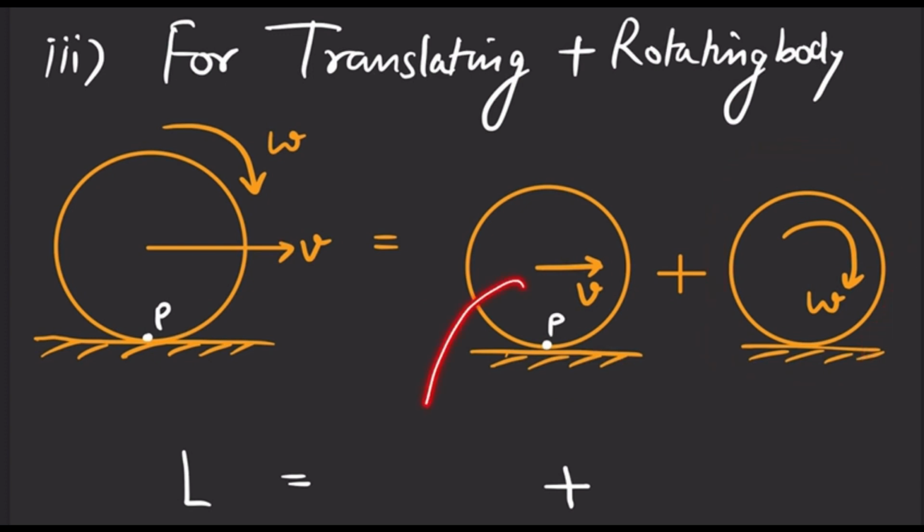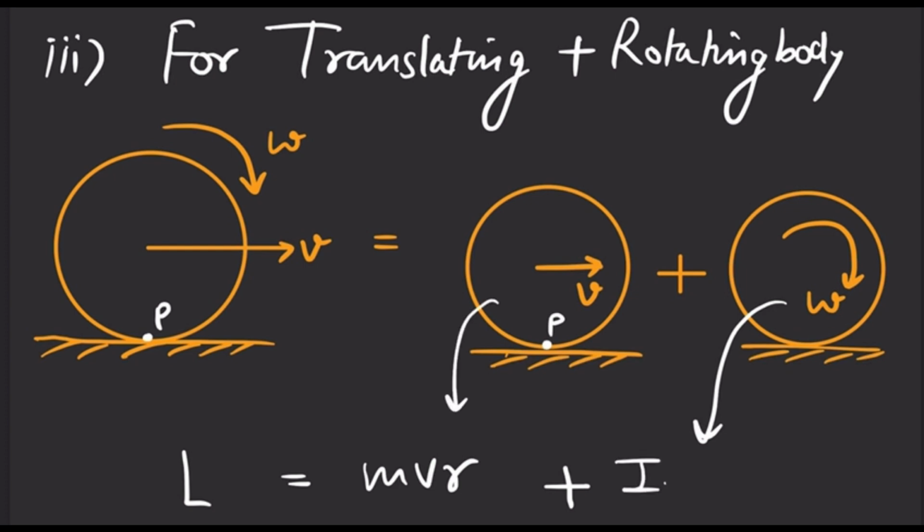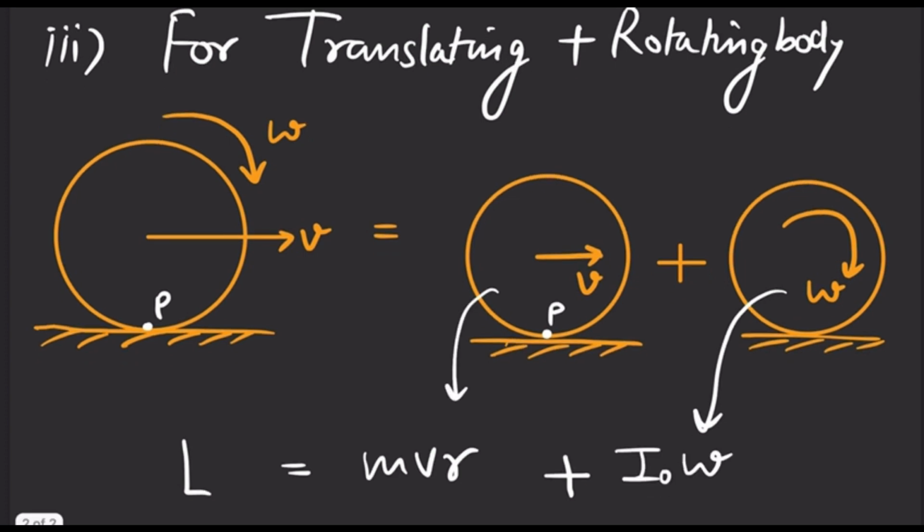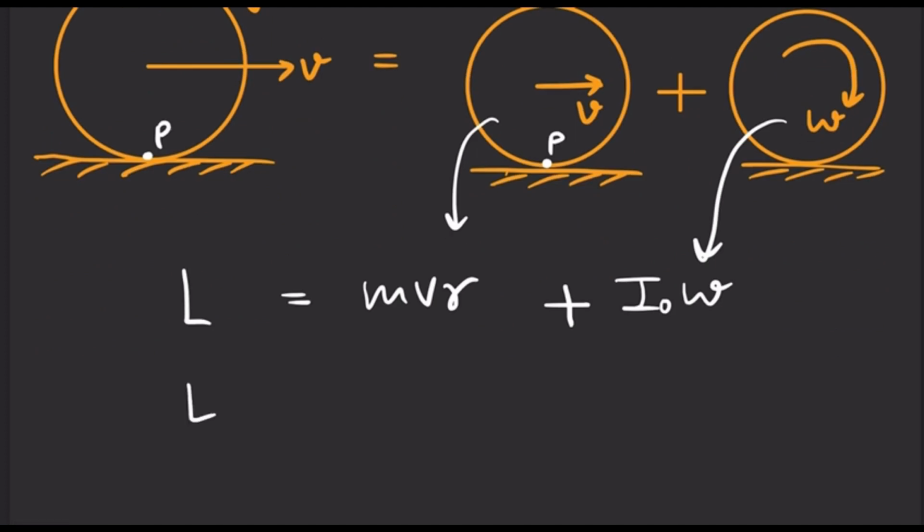For the first one, which is translating, we can simply write angular momentum as mvr, as learned in case number 1. And for the rotating part, the angular momentum will be simply I naught into omega. So for this body, the angular momentum will be the combination of the first two.